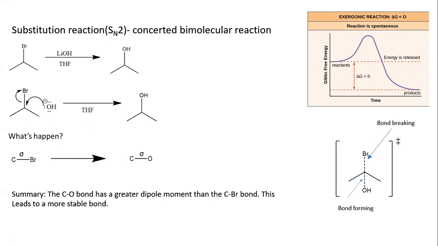That's why generally substitution reactions are exergonic reactions, because they form a more stable bond. In all substitution reactions, we're forming a more stable bond because we're going from something that has a very weak dipole moment, like a carbon halide bond, to something with a very large dipole moment, like a carbon oxygen bond.